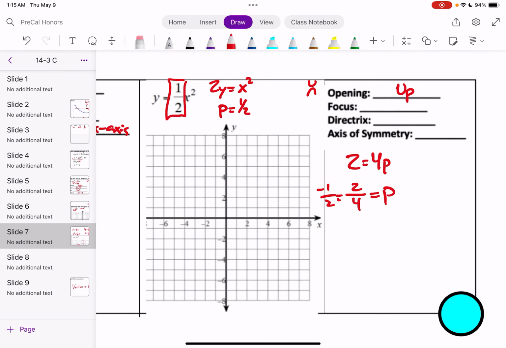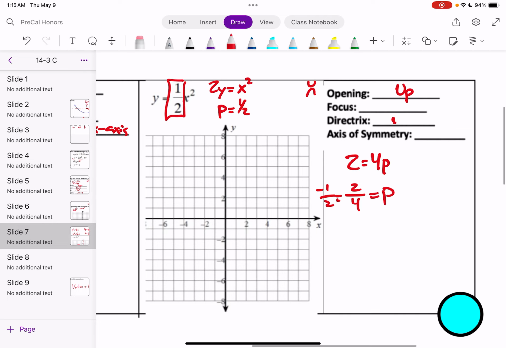As we start putting our answers down, notice our directrix would be y is equal to -1/2. Our axis of symmetry would be on the y-axis, and our focus would be (0, 1/2).